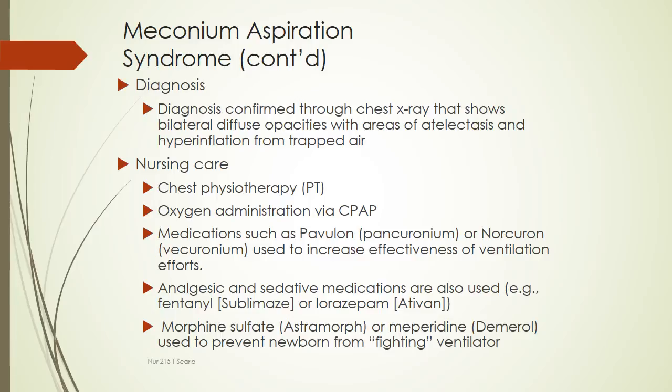Analgesics and sedative medications are also used, such as fentanyl and lorazepam. Morphine sulfate or meperidine, Demerol, all that is used to prevent the newborn from fighting the ventilator, because if the baby is on the ventilator, you want to reduce the stimulation. So that comes to the end of the week 8 lecture and the end of module 4.